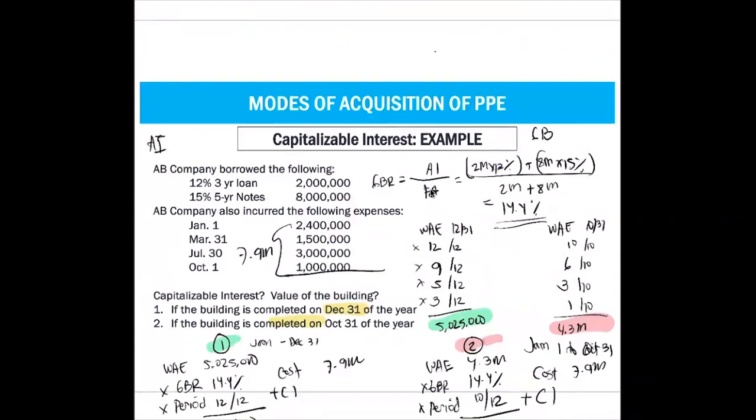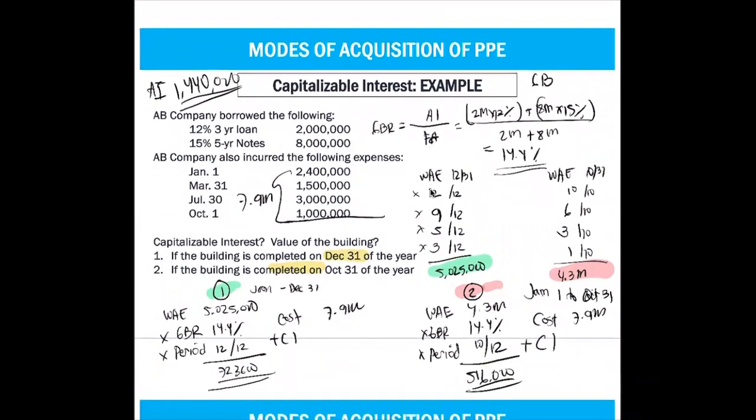So 12% times 2 million plus 15% of 8 million, we have 1,440,000. Right? 1,440,000. So this is the actual interest. Is the capitalizable interest we have computed lower than the actual interest? Yes. So that is our capitalizable interest.